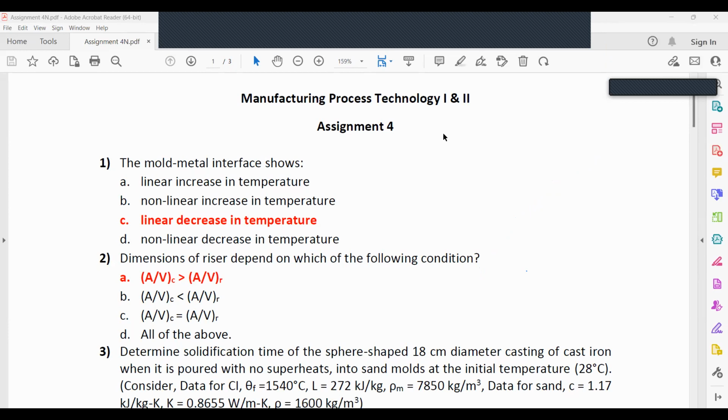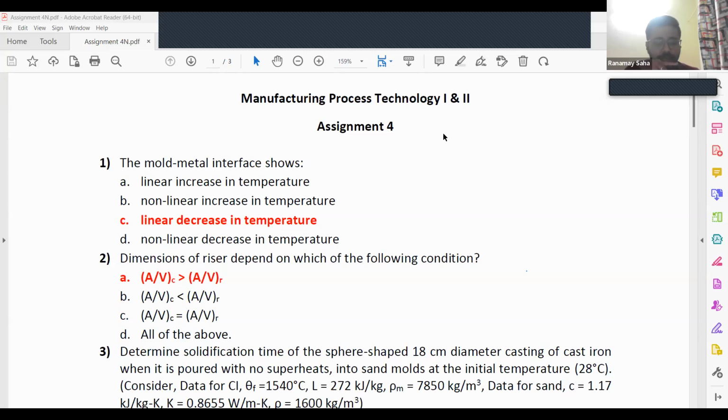You have poured in the hot metal, right? And the mold is at room temperature. So when the metal gets in touch with the mold wall, it experiences a lower temperature than its own. So what should happen at the interface? Starting at the interface, it increases the temperature slowly. In the solidification stage, it will spread and decrease the temperature.